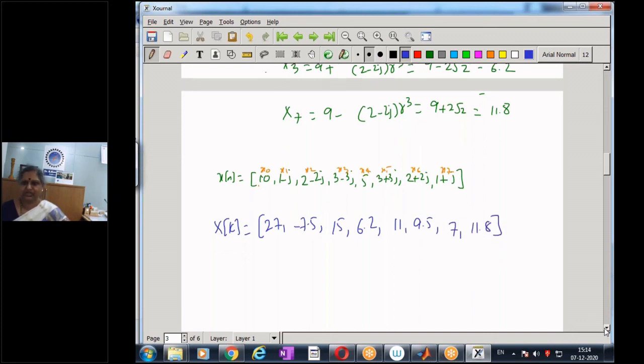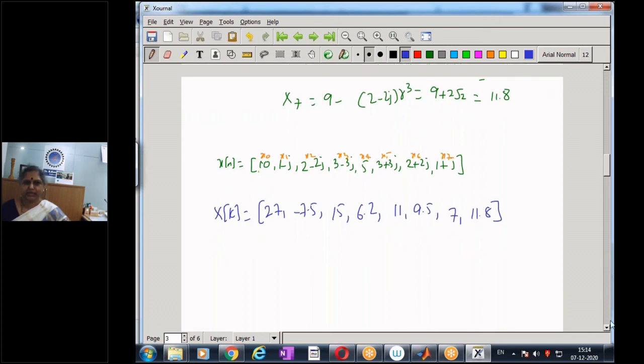So let's just cross check the result with MATLAB if our result is right. So we have taken a sequence 10, 1 minus j and so on. So let's verify the result with MATLAB.